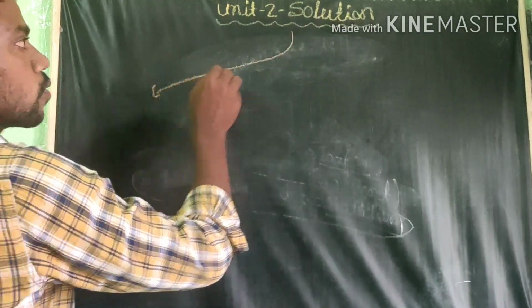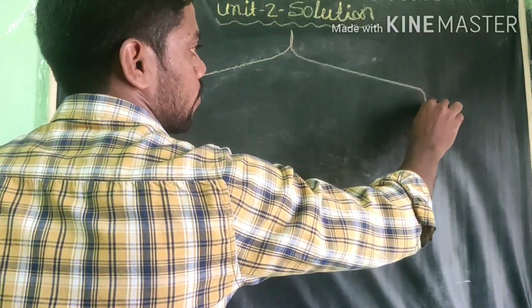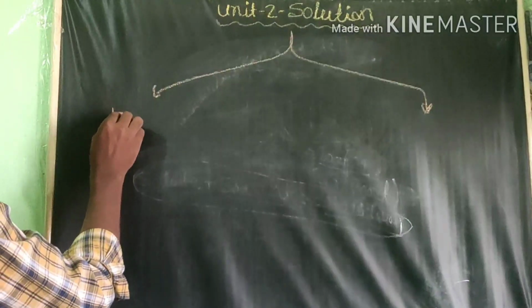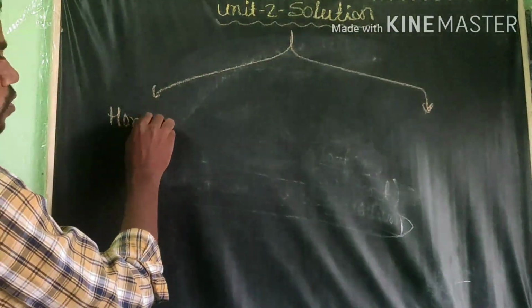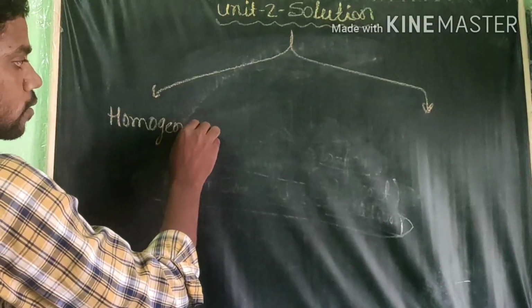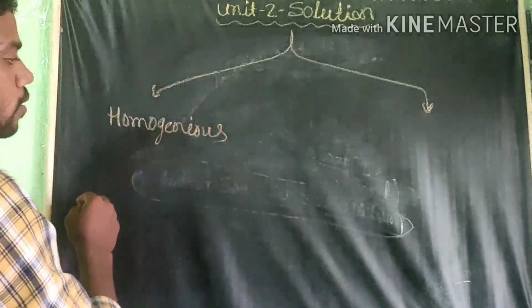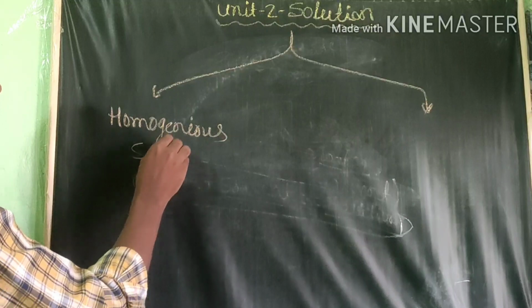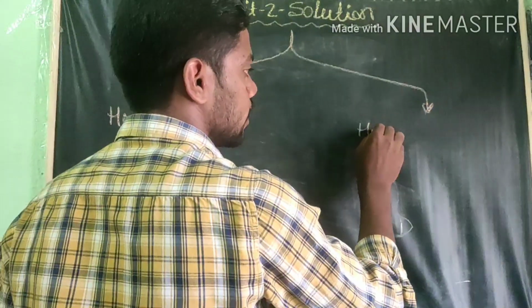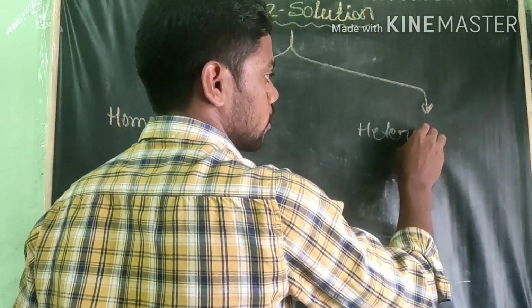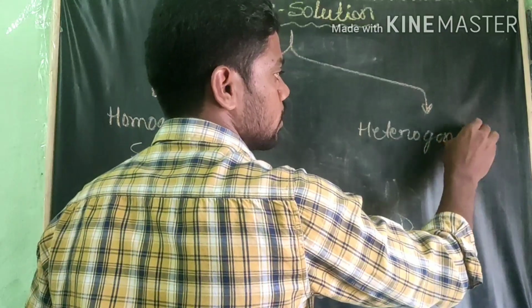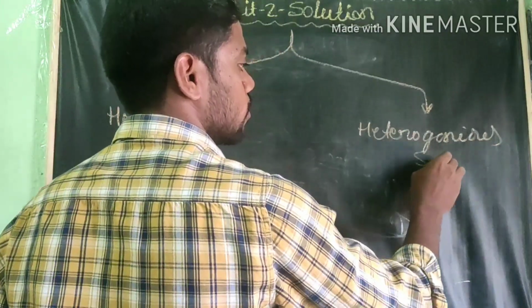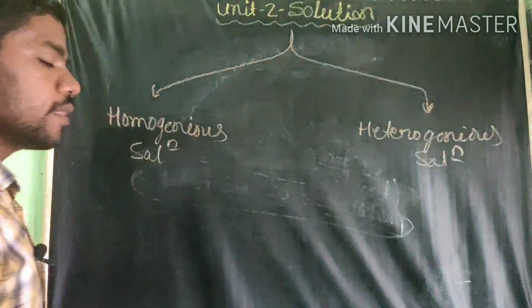What are those? What are the types of this solution? The first one is homogeneous solution. Next one is called as heterogeneous solution. You see here, the meaning is itself in that.